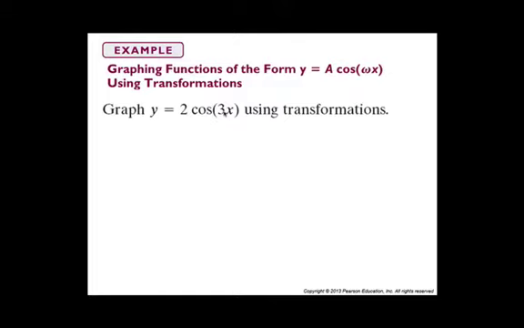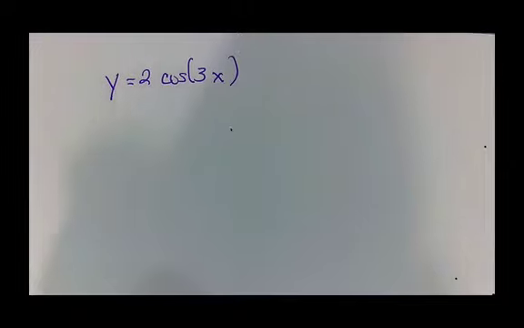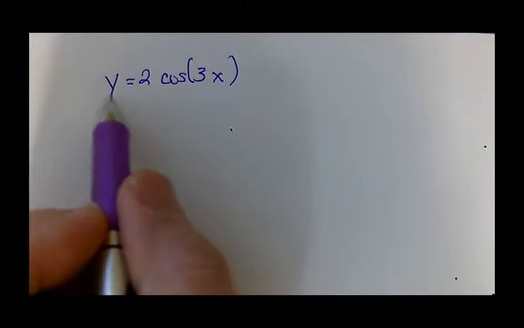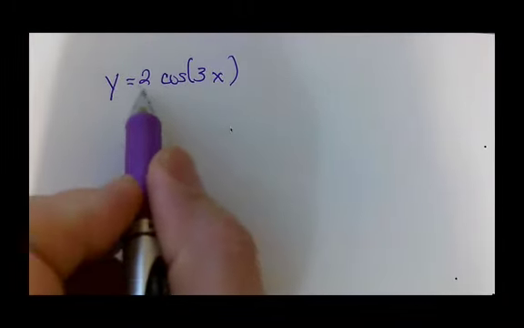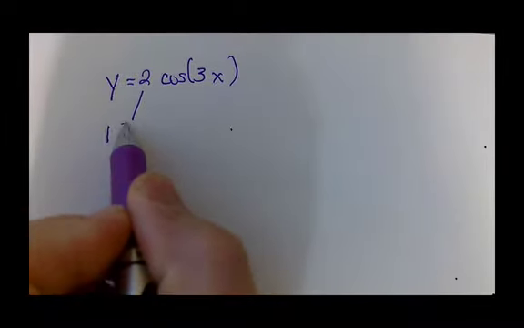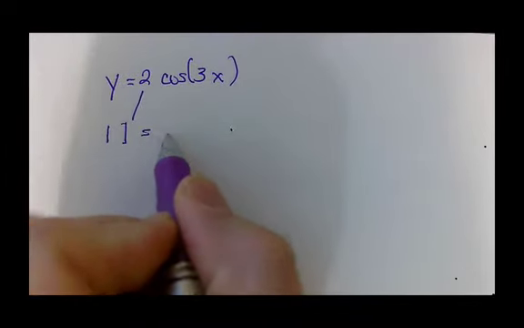Now, the way we calculate the period in this case is 2 pi over the value here. We have y equals 2, so we already said that this right here is the absolute value, which is equal to my amplitude.